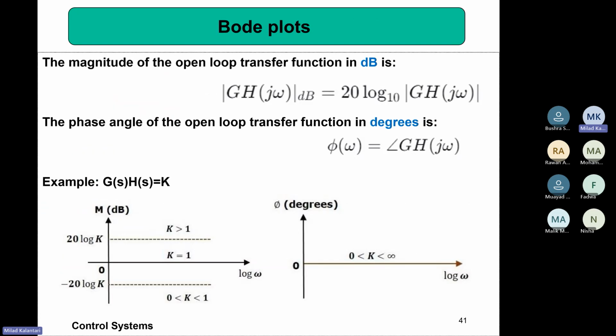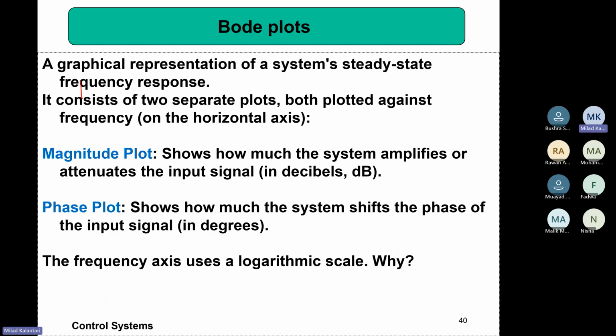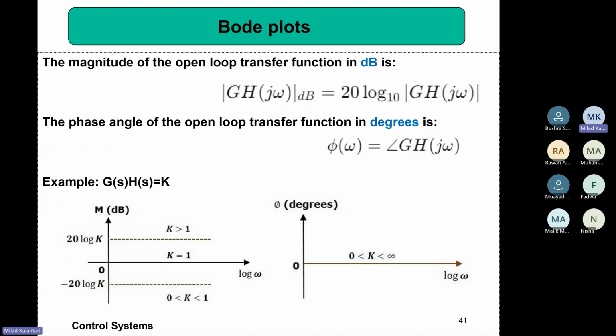What we need, if you remember from the previous discussion, is to find where 1 plus k times g, which gives the roots of the closed loop system, is 0. Right? Going back to the initial thing, we get that kg is -1, right?